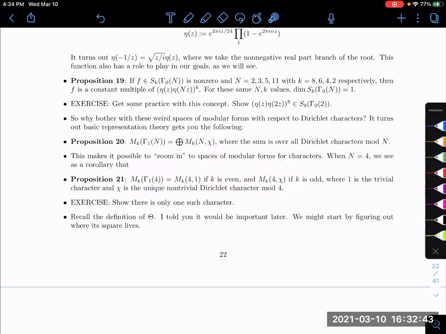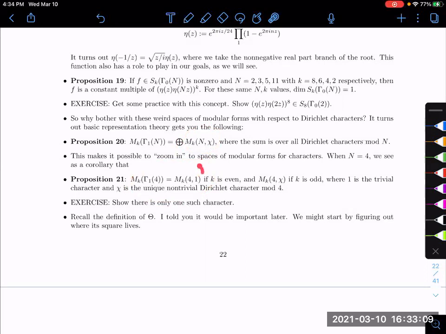And so what I'm trying to get across here is when capital N equals 4, you lose the direct sum, and there's only one actual component to look at. And this is going to be great for us when we start talking about half integer weight modular forms. This simplicity in the capital N equals 4 case is going to be great.